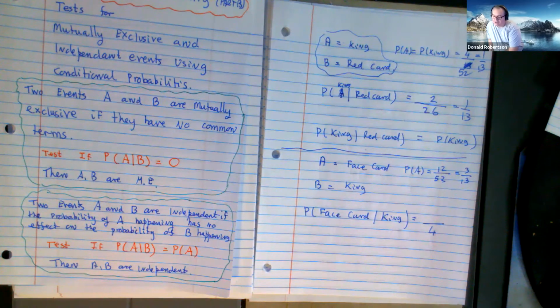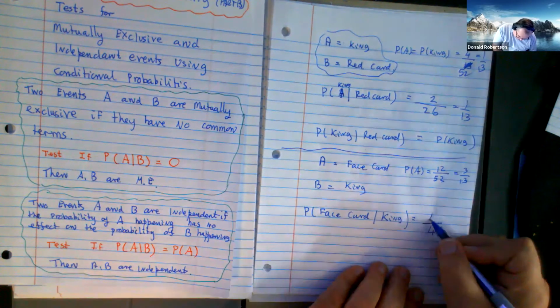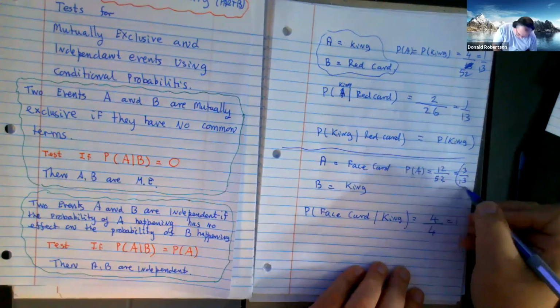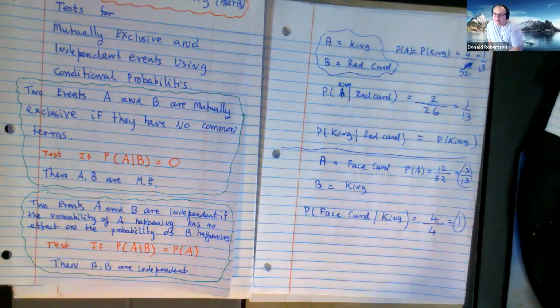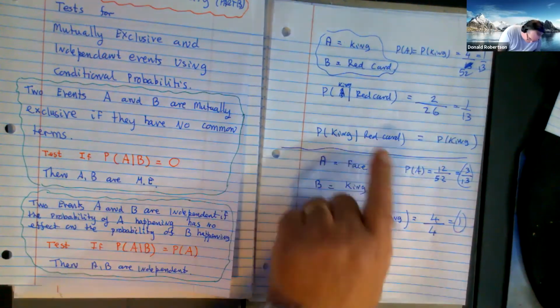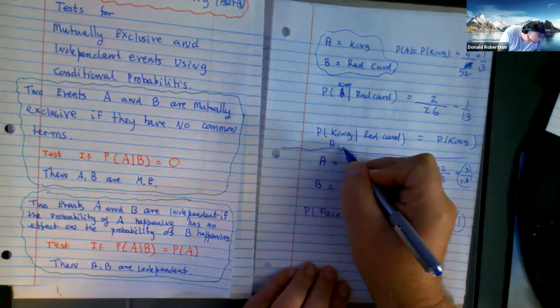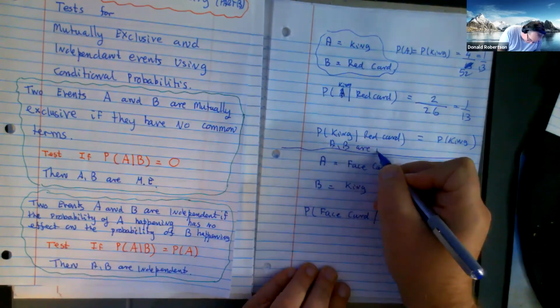Well, we know there's 4 kings. How many of those kings are face cards? All of them. Would you agree that these two are not equal? If they're equal, A and B are independent.